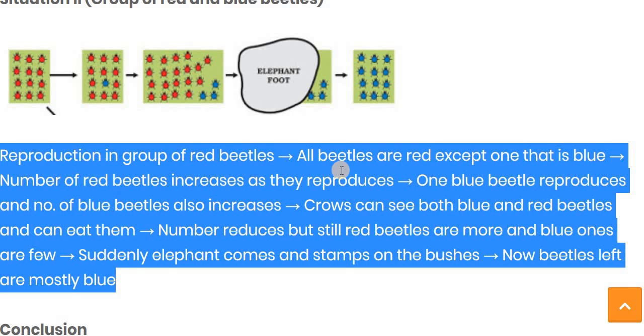Wherever the elephant's foot stamped on the red bushes, the beetles decreased. Now only the blue beetles survive. So we can say that day by day the number of blue beetles increases.